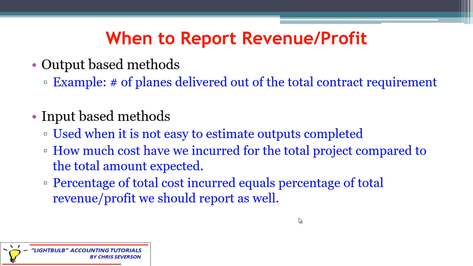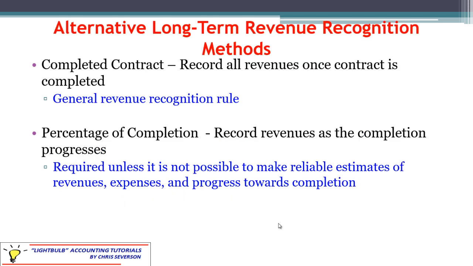How much of that total expected cost have we actually incurred? And that's going to be what we use to determine what percentage of the project have we completed. In that case, that's the percentage of the total revenue and the total profit that we're going to report up to that year as well. That's really the basis for this entire method.